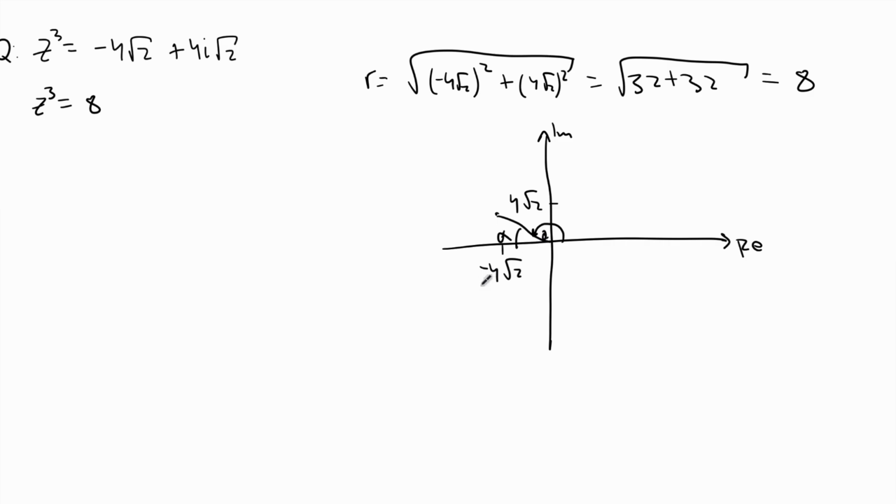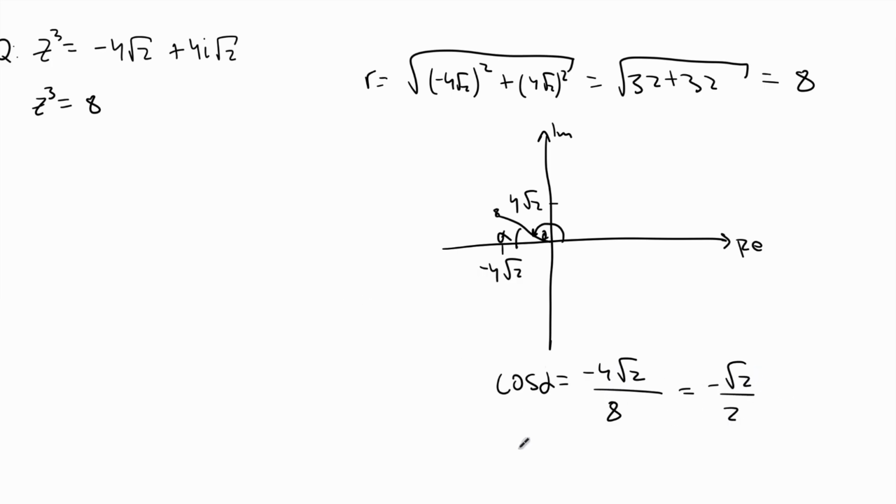So alpha here is going to be, as our modulus is 8, we're going to write cosine alpha is equal to 4 square root 2 over 8. And this is square root 2 over 2.